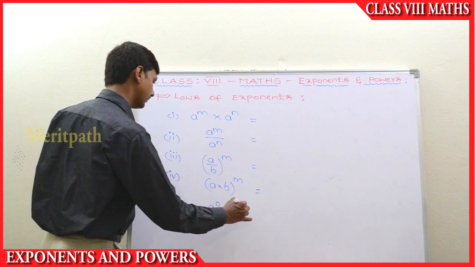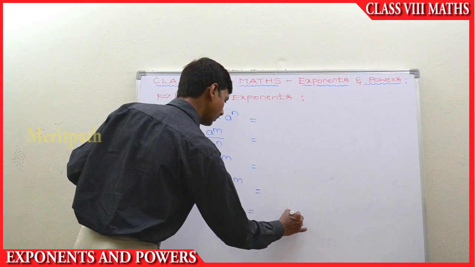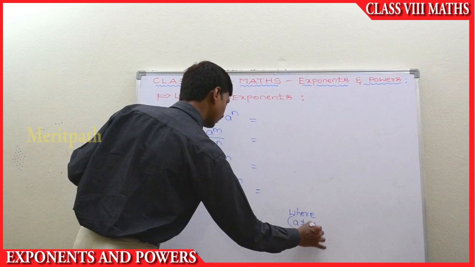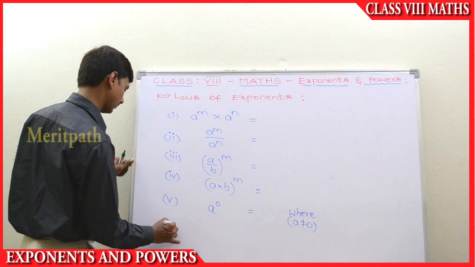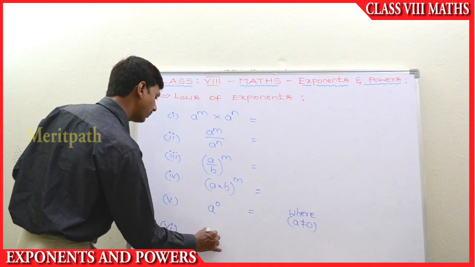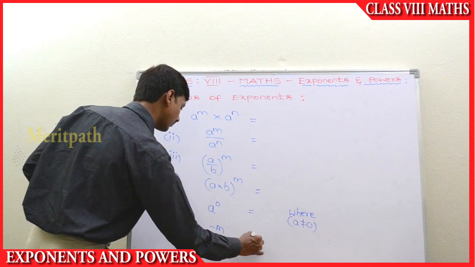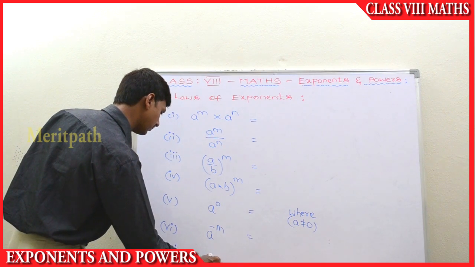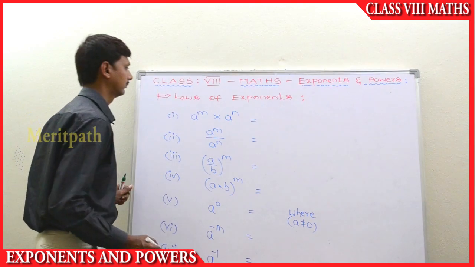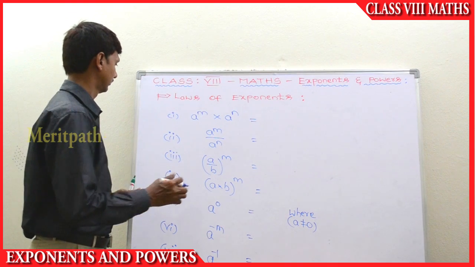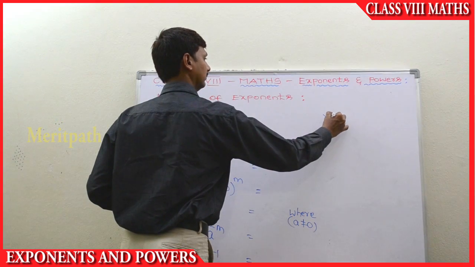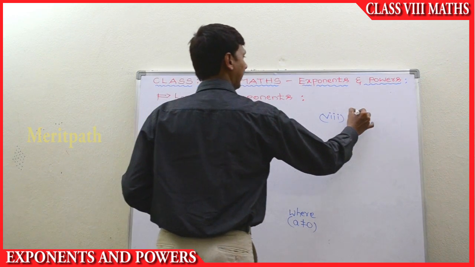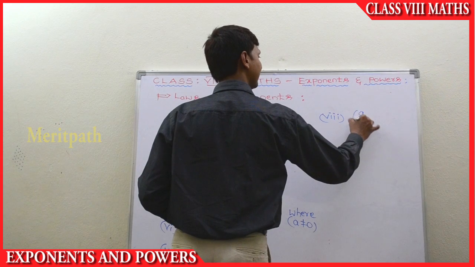a to the power of 0, where a is not equal to 0, a to the power of minus n, a to the power of minus 1, (a by b) whole to the power of minus n.